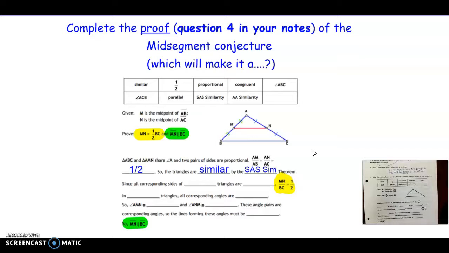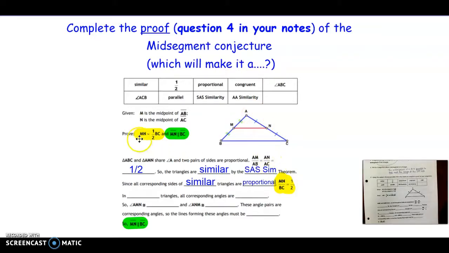Now we know if we have similar triangles, then all the corresponding sides of those similar triangles have to be proportional. So that means the third side of each one of those triangles, which is MN for the small one, and that's my midsegment, and BC for the large one, would also have to have that same ratio of 1/2, because all of these sides have the same ratio with all of the large triangle sides.